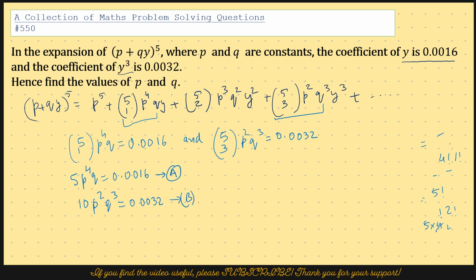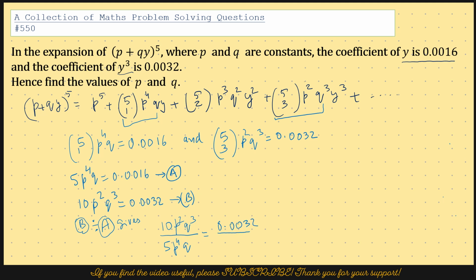So we don't need to erase this bit. If I were to divide B by A, B divided by A gives 10 p squared q cubed divided by 5 p to the power 4 q equals 0.0032 divided by 0.0016, and you see this equals 2.